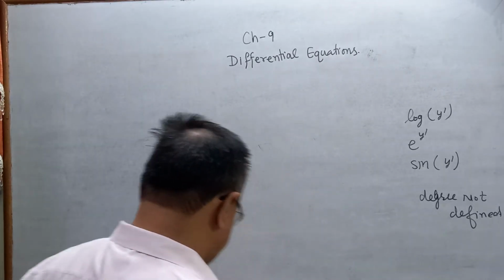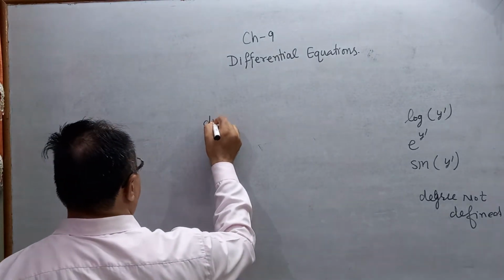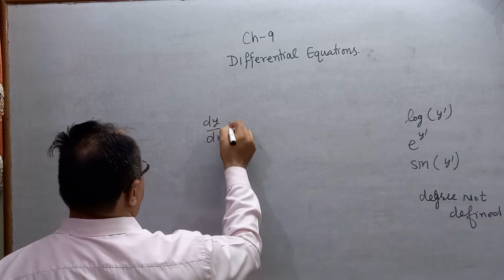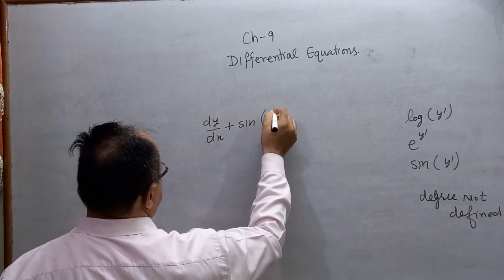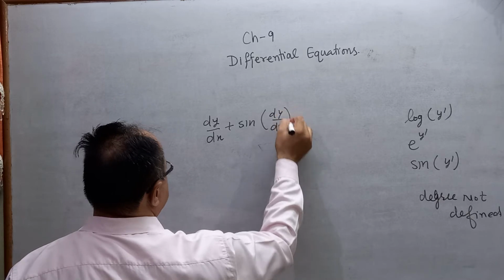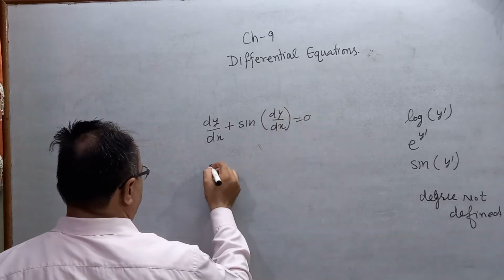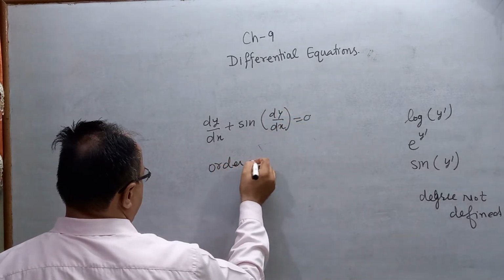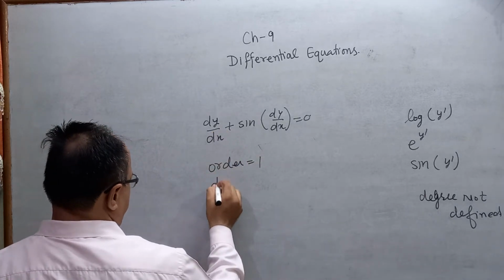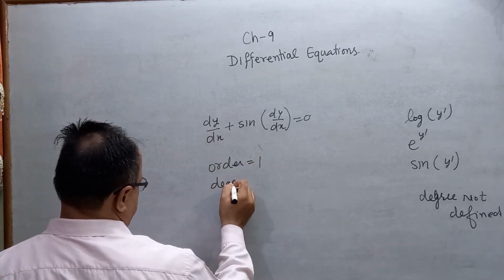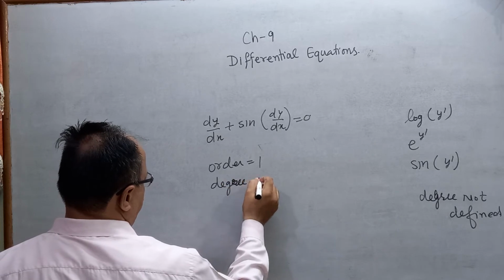Now can you tell me dy by dx plus sine (dy by dx) is equal to 0. Order in this question, order is 1, and degree? Degree not defined.